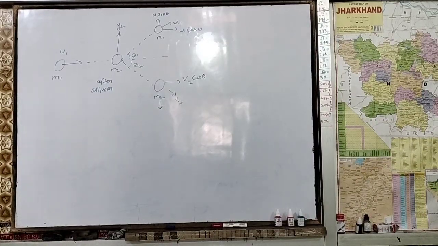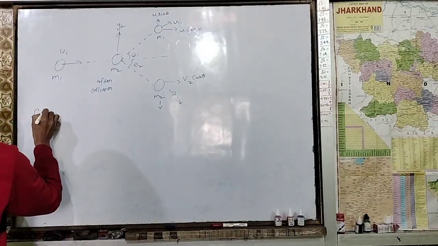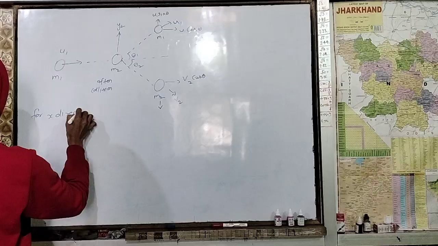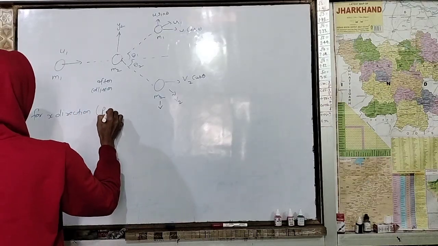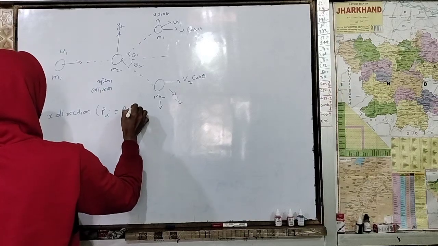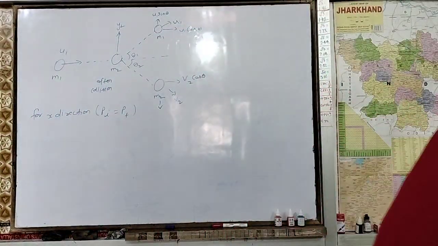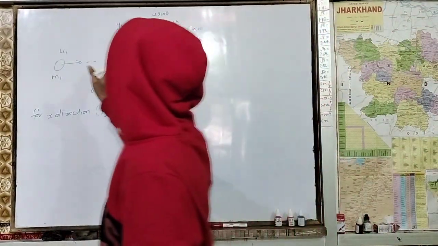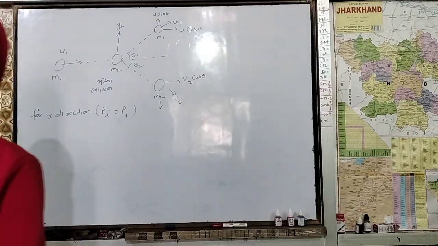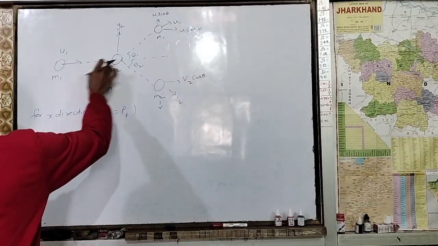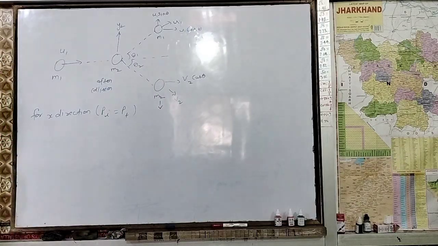So for the x direction, horizontal, pi is equal to pf, initial equals final after collision.